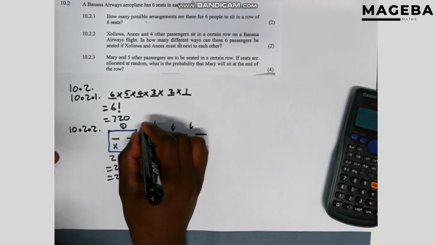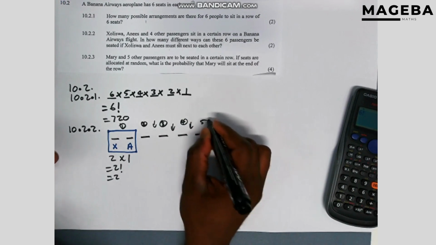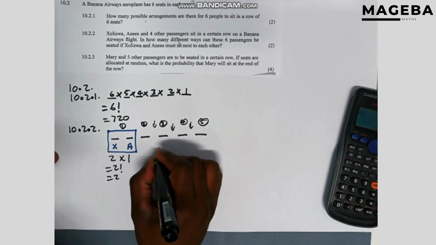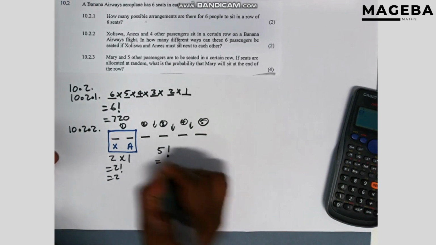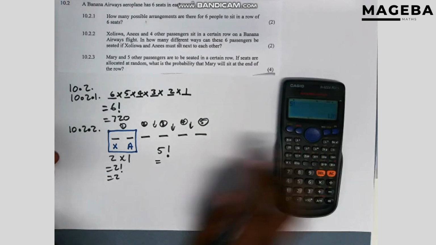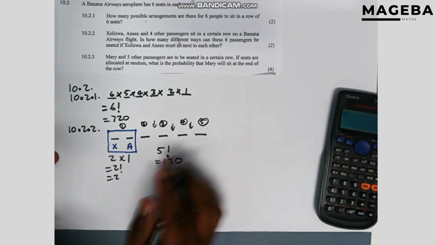So it's 1, 2, 3, 4, 5. We have 5 of them, so we have 5 factorial. And what is 5 factorial? It's 120.